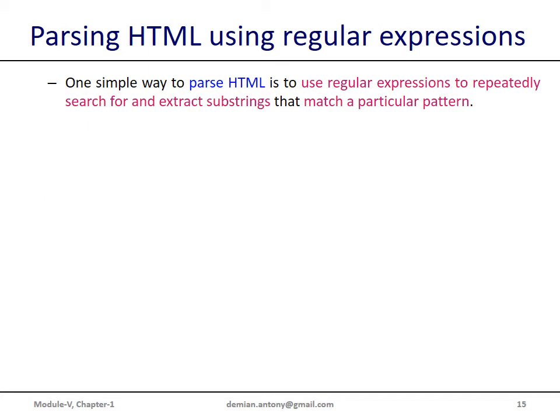As I said, the urllib library is used to extract useful information from web pages. One way to extract useful information from a web page, that is, to parse the HTML, is to use a regular expression repeatedly to search for and extract interesting strings, substrings or a specific pattern in the web page or HTML segments.